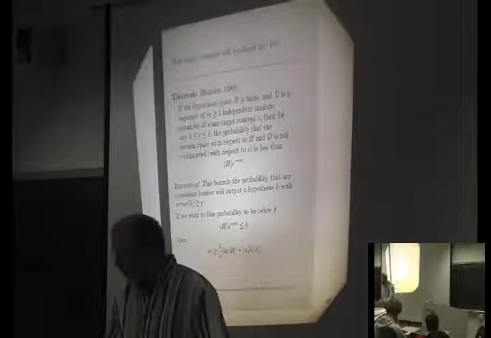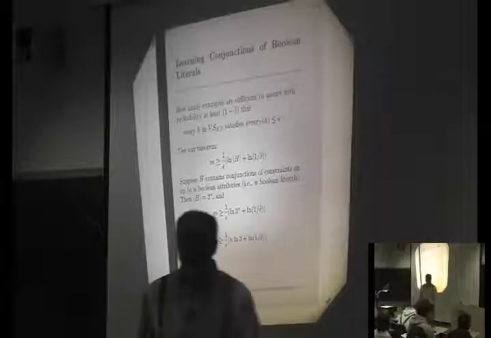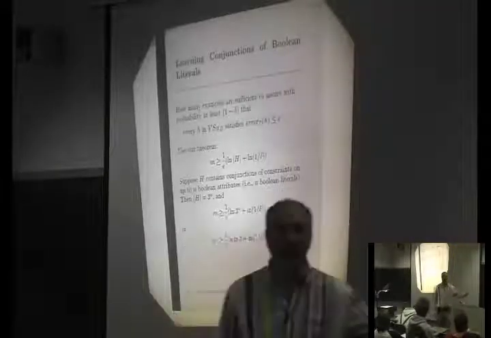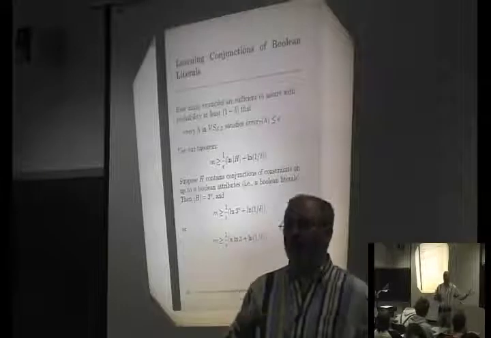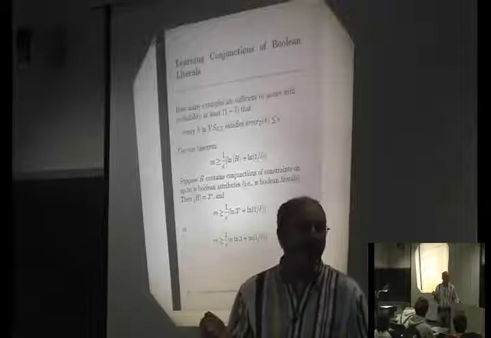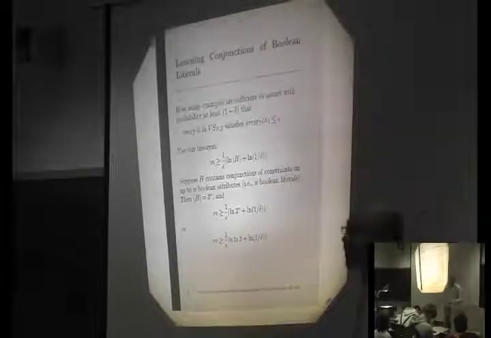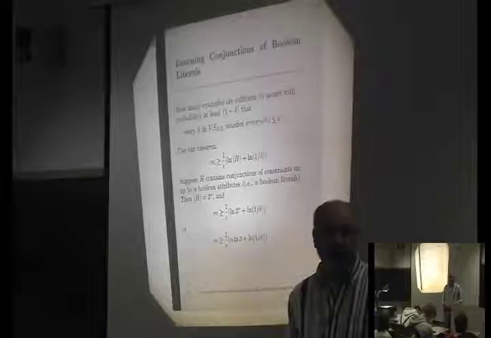Okay, so let's do a simple example. Suppose the concept class we're trying to learn, the big C, is conjunctions of Boolean literals. This is the example that I showed you at the end of last class. x1 and x3 and not x6. Anything of this form. So this is a finite hypothesis space, right?